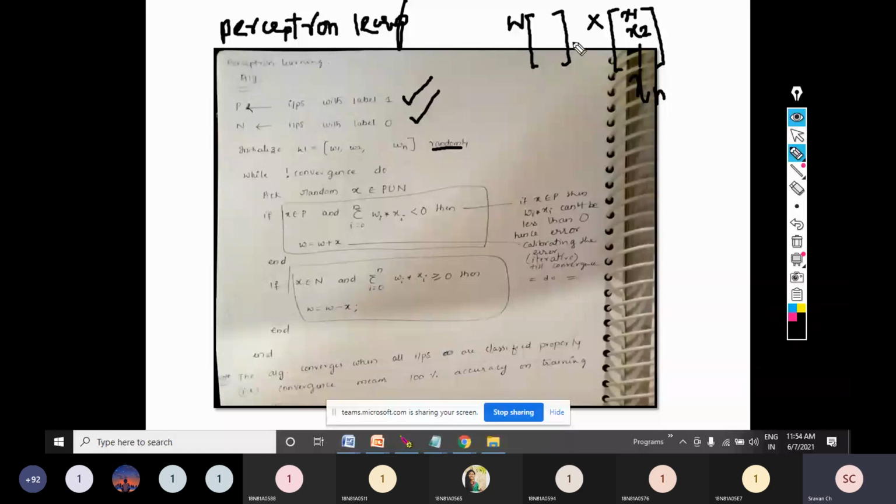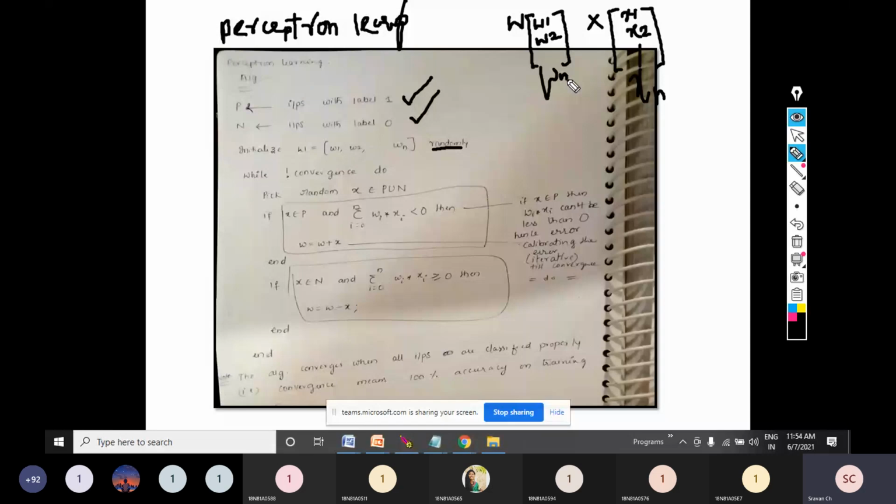Similarly, w1 is the weight for x1, w2 is the weight for x2, wn is the weight for xn. If you have 10 inputs, you will have 10 weights also. So just initialize these weights randomly. That is the first step.